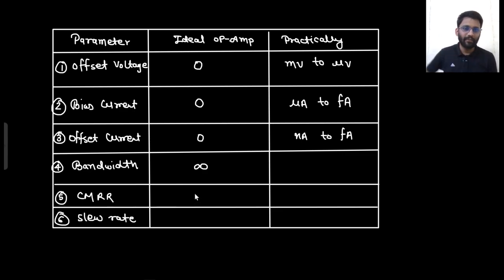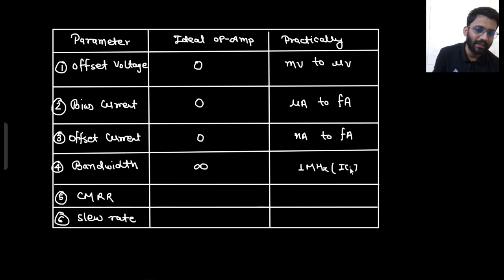But practically what is the bandwidth? Even I don't know, I need to check. So I checked for the IC741 OpAmp. There are different kinds of OpAmp, and there is one IC named 741. For that I checked, it is 1 megahertz. So I am writing 1 megahertz only, but for IC741.